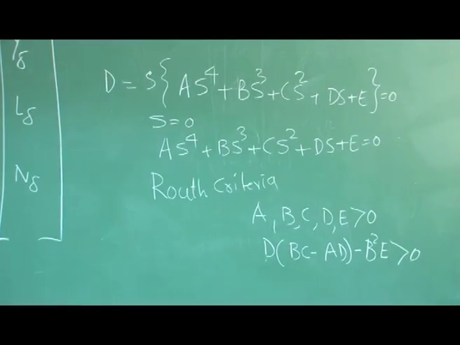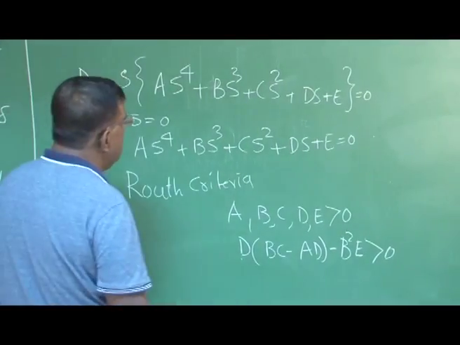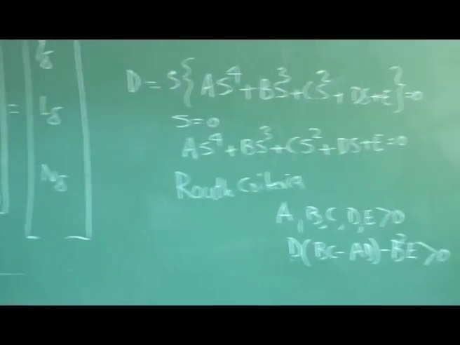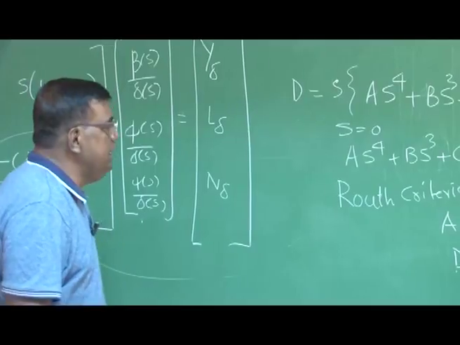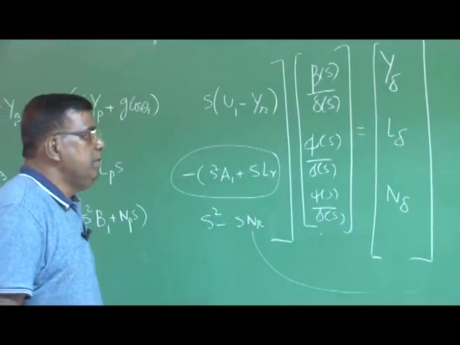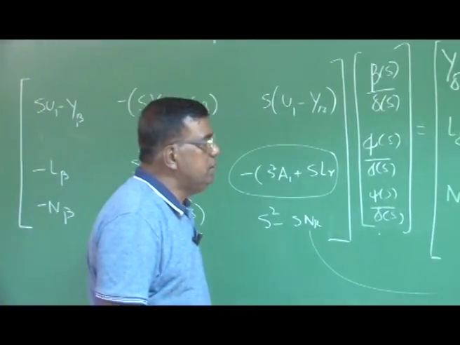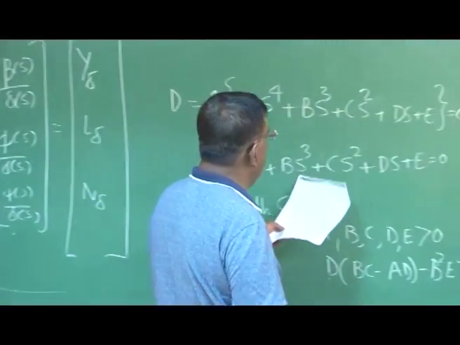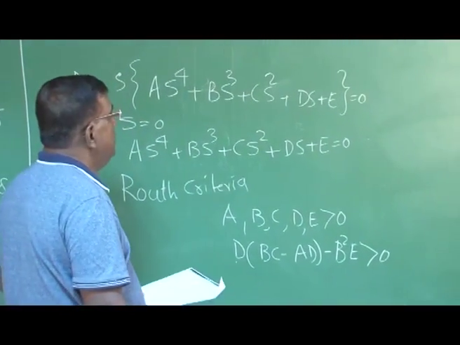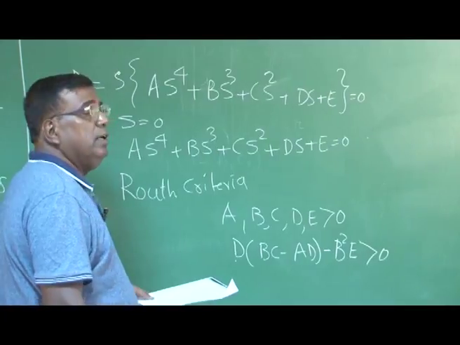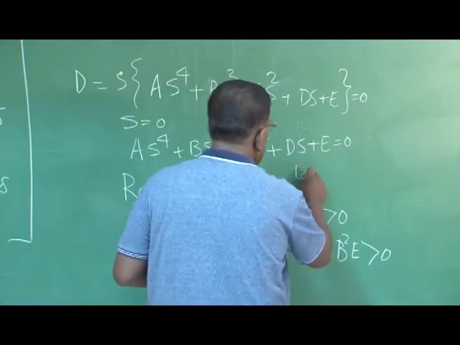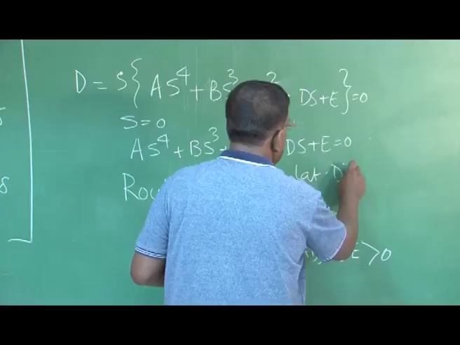Now, what next? In the longitudinal case also, we have given some attention to the expression for E. Before we come to that, we know this solution for the equation AS4 plus BS cube plus CS square plus DS plus E for the lateral directional case.